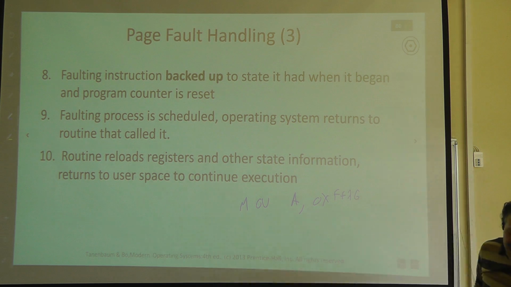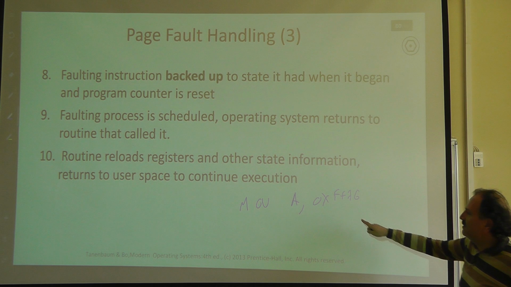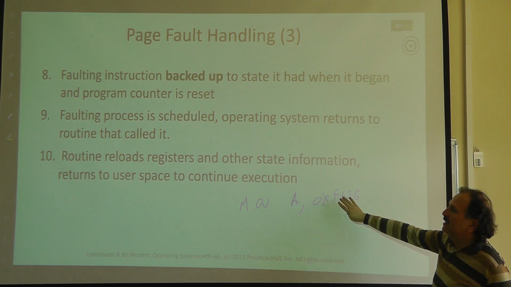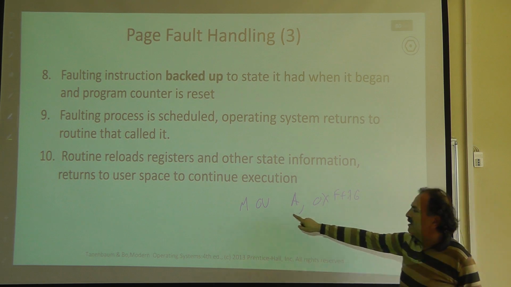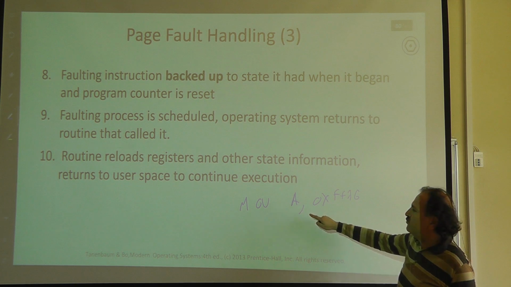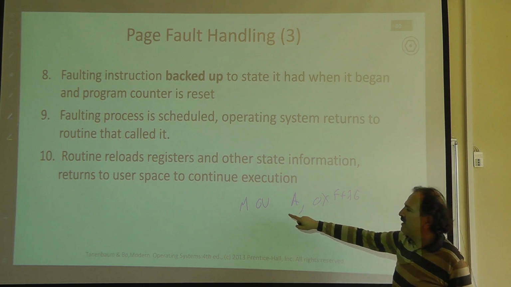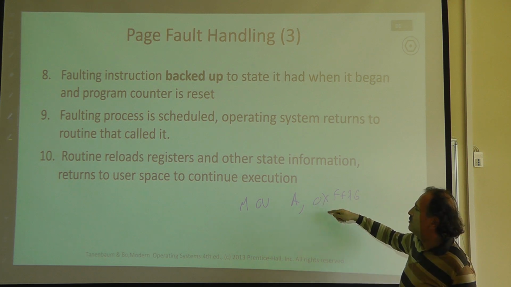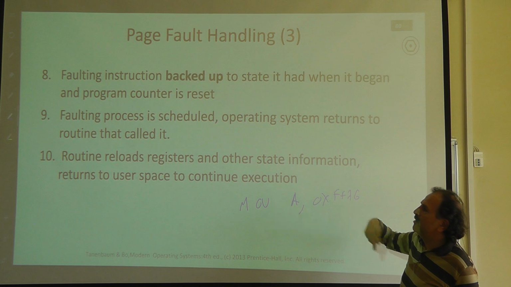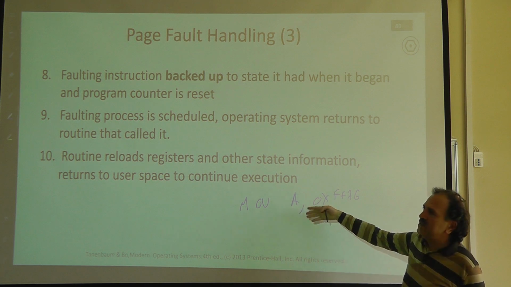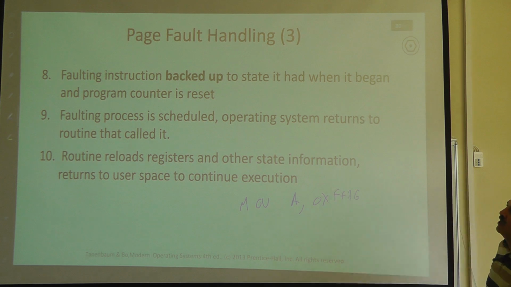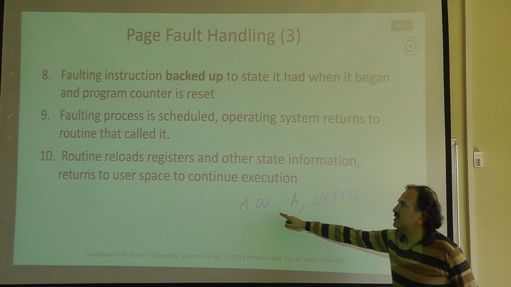If this address causes a page fault, that means I caused a page fault while I was executing this instruction, in the middle. So my execution of this instruction was interrupted in the middle, and I need to back up the execution of this instruction.